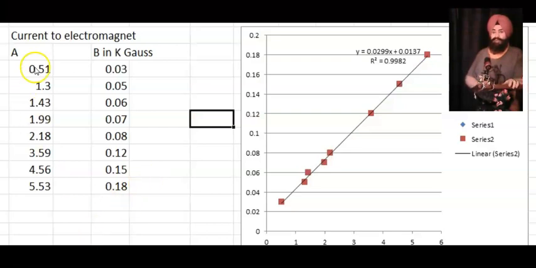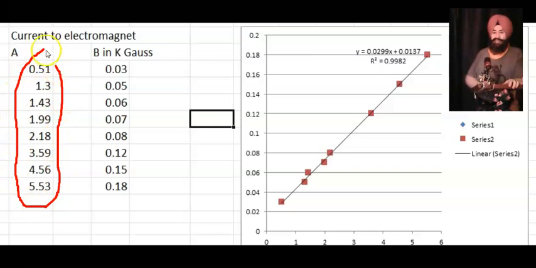Now we plot a graph between the DC current, which was in ampere, and the field which is produced or created between the two pole pieces. It is in kilogauss and it is increasing with the current. The graph is plotted here.